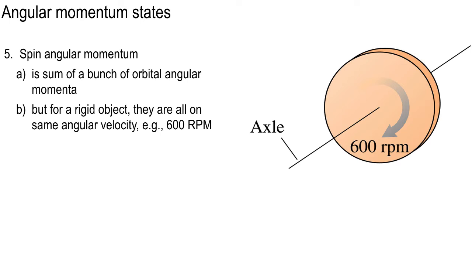Because if you're in close to the axle, you're going in a little circle with a very small radius in the same amount of time, 600 times a minute. So you're not really moving very fast there. But if you're way out on the edge of the disk, then you're at maximum speed for that disk. You go one circumference way out there at the edge of the disk. You're really cooking because you're covering it in the same amount of time, whatever the period is, and we're going to calculate that in a minute.